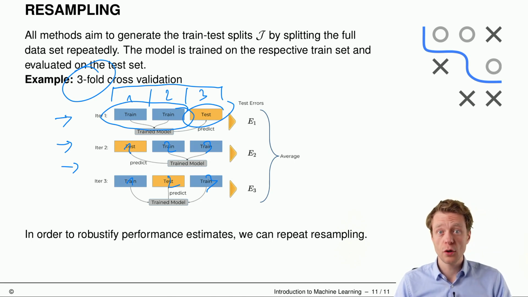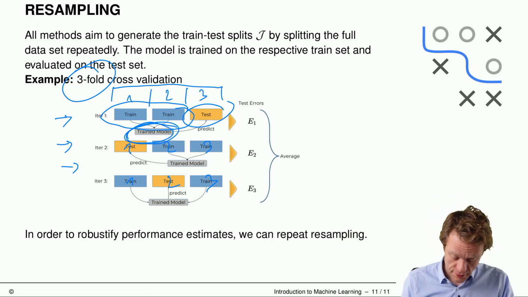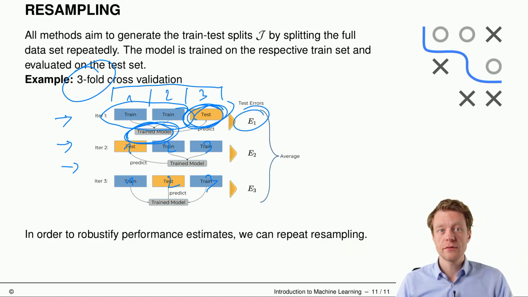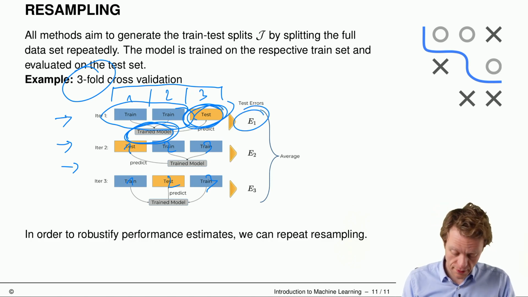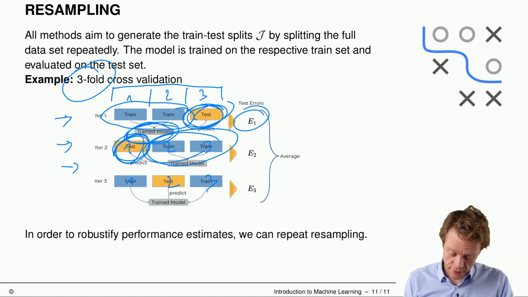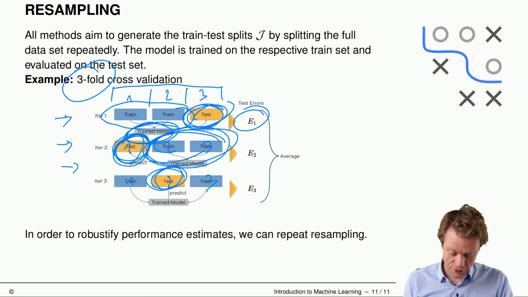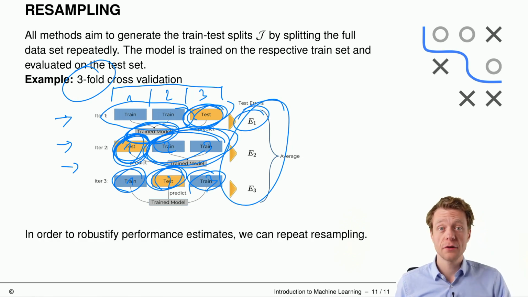So we train the model on, in this case, 1 and 2, get a trained model, then we predict the test data set with this trained model and get an estimation for the test error. We do the same thing for testing on 1 and training on 2 and 3, and for testing on 2 and training on 1 and 3. Then we get 3 test errors and we take the average of this.